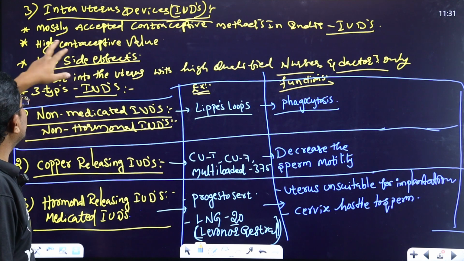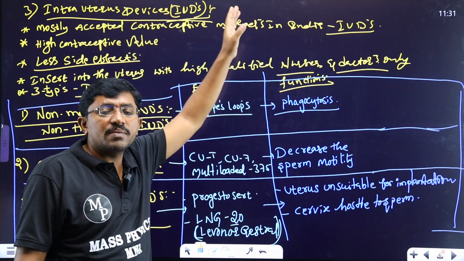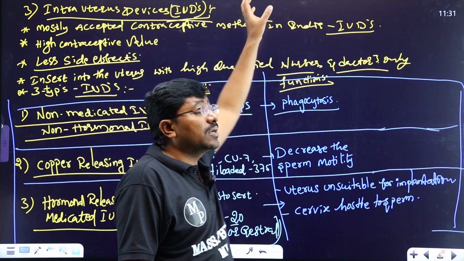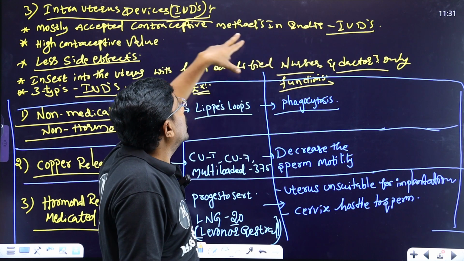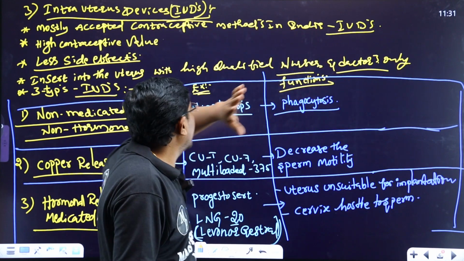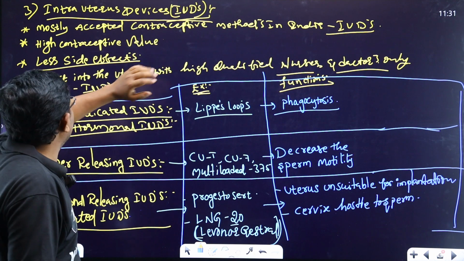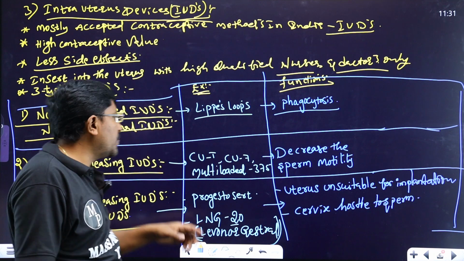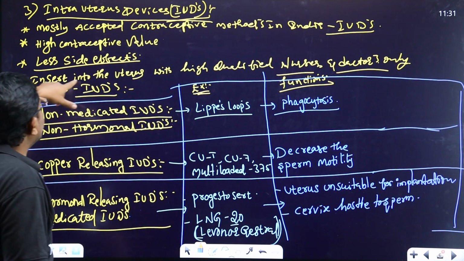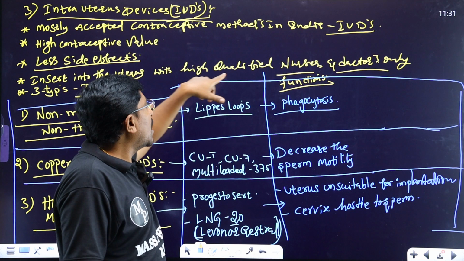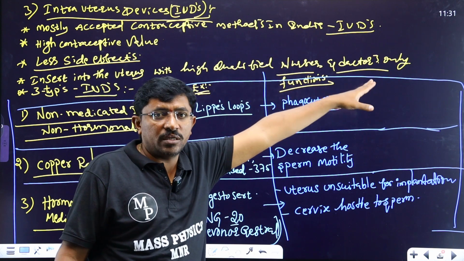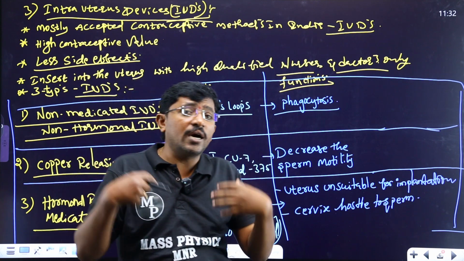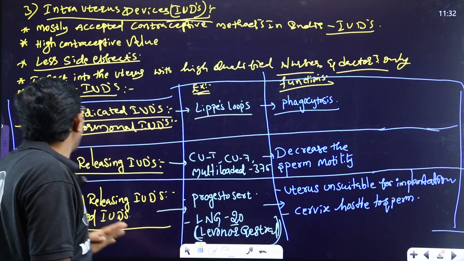These are intrauterine devices, the most accepted contraceptive methods in India. They have high contraceptive value and fewer side effects, which I'll explain after this. They are inserted into the uterus by highly qualified nurses or doctors, and a woman is not able to insert them herself.